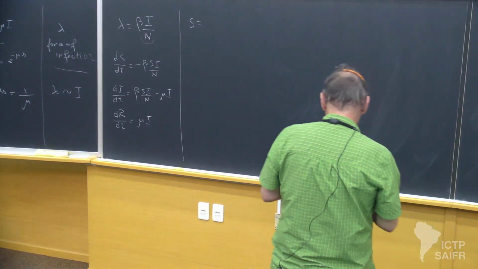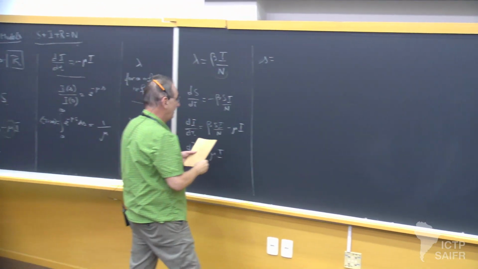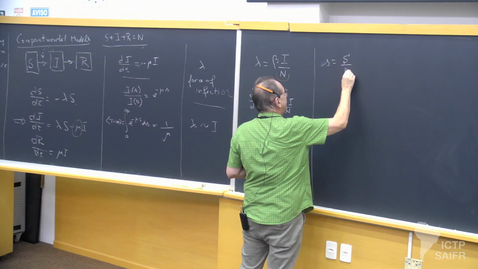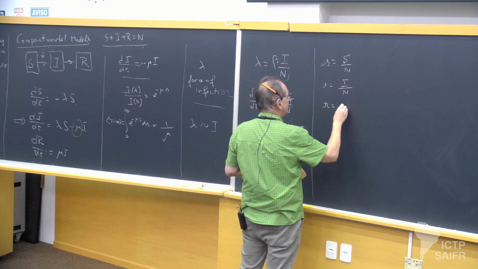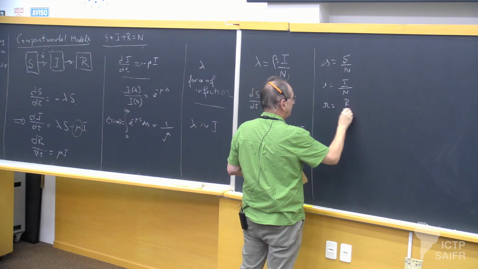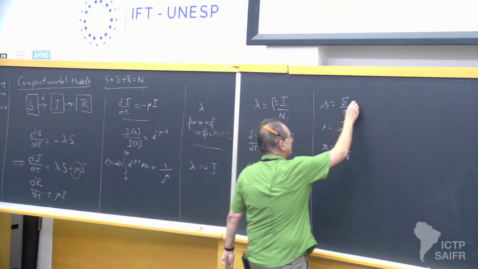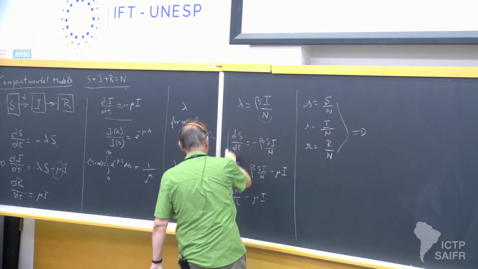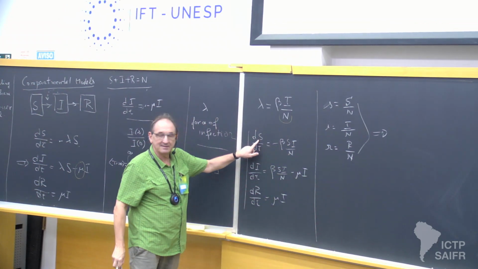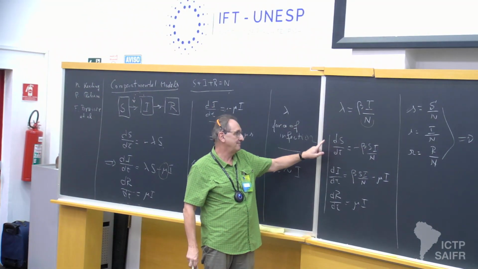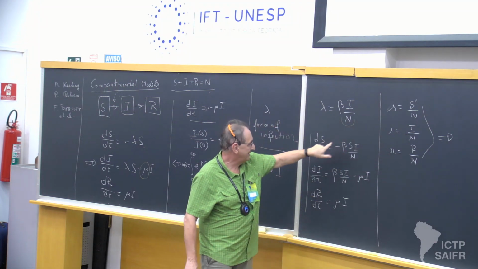So you define small s as capital S over N, the same for the other variables. Then if you substitute this into the equations, there will be a small n times N, everything here.